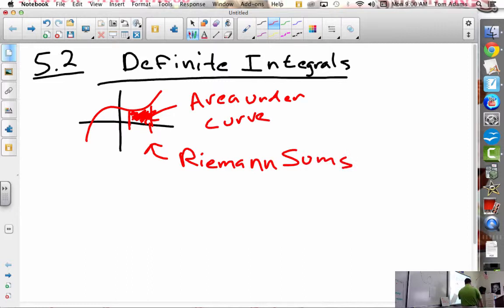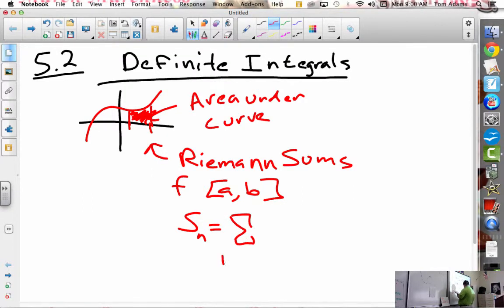I showed you Riemann sums. Now, Riemann sums are of f on the interval from a to b. And so the notation of that would be, okay.